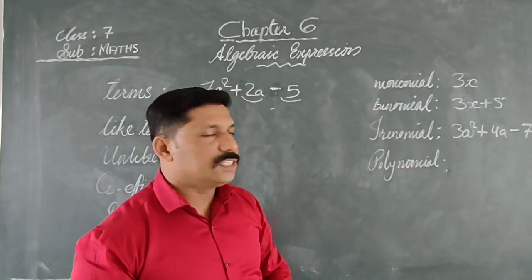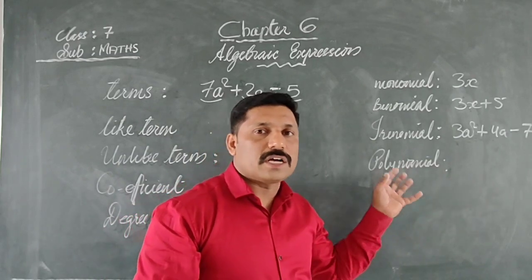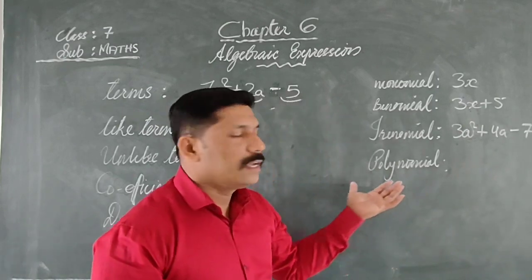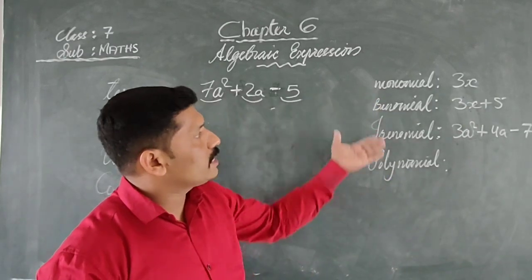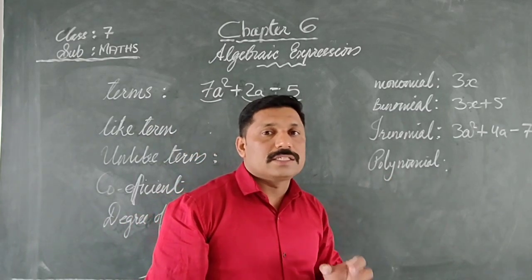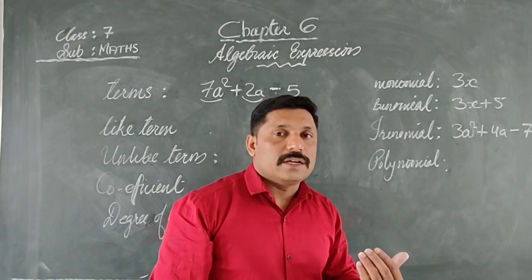And polynomial: generally, any expression that has two or more terms is called a polynomial. These are the different categories of polynomials on the basis of the number of terms in an expression.